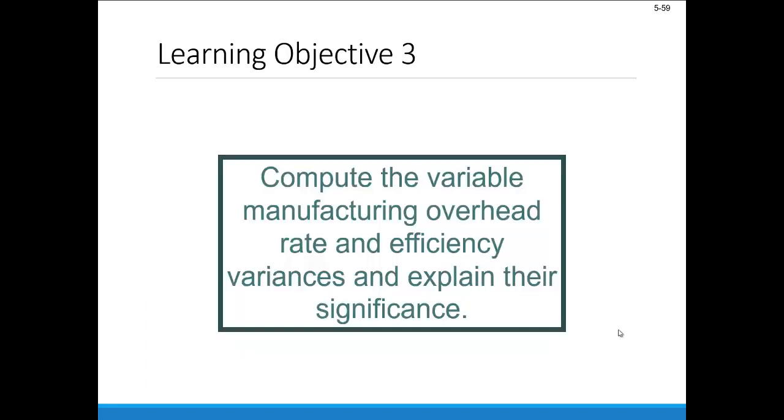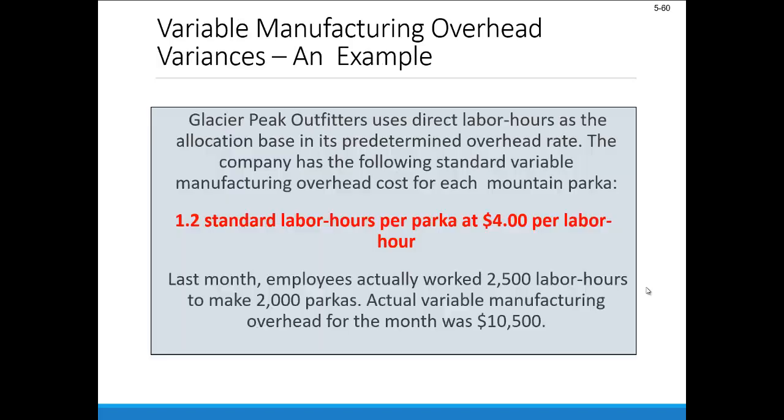That brings us to our learning objective 3 here: compute the variable manufacturing overhead rate and efficiency variances and explain their significance. And these things will look and feel very similar to those labor variances. So let's continue with our Glacier Peak example, and let's say they use direct labor hours as the allocation base in their predetermined overhead rate. So the company has the following standard variable overhead cost for each jacket: 1.2 standard labor hours per jacket.